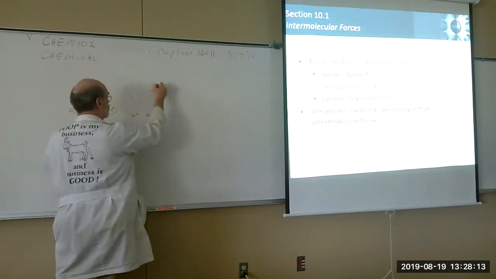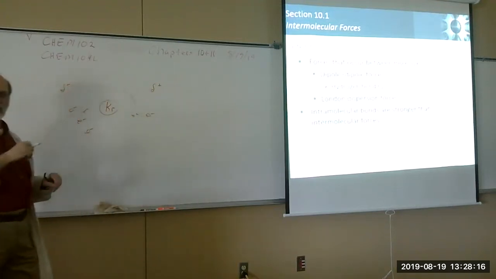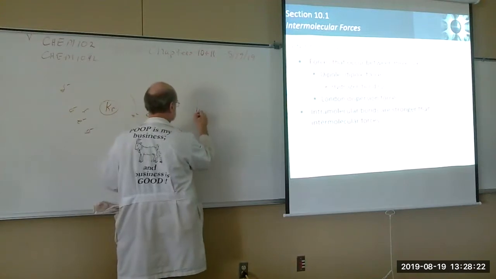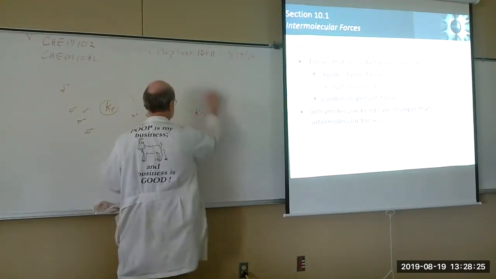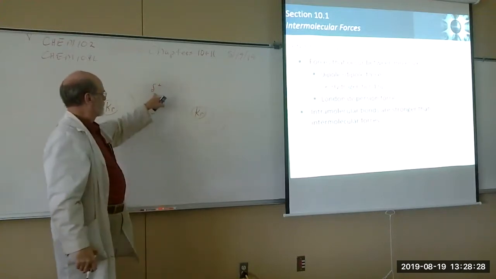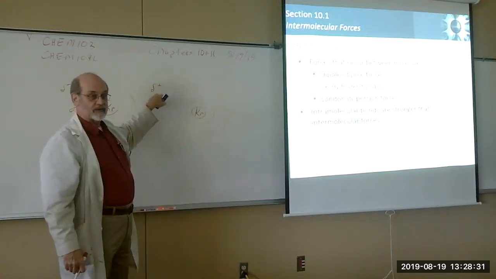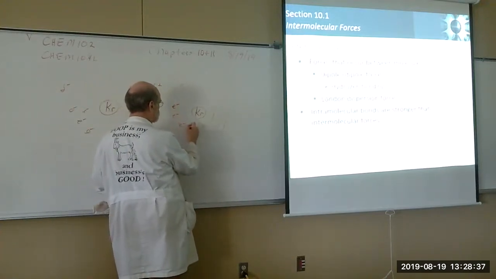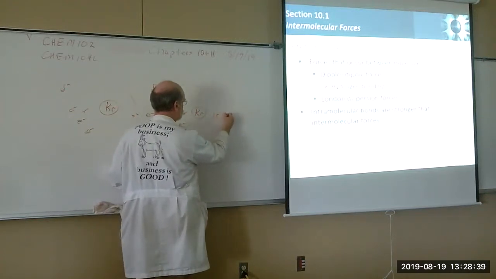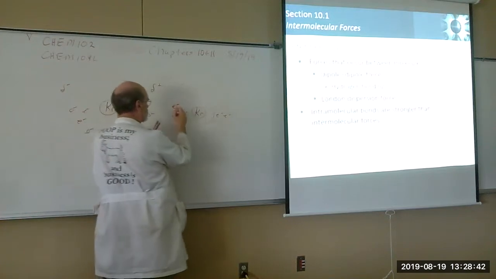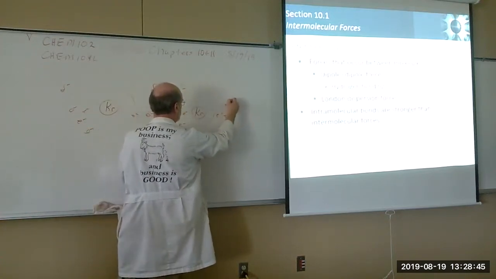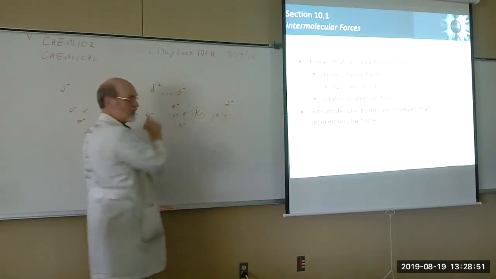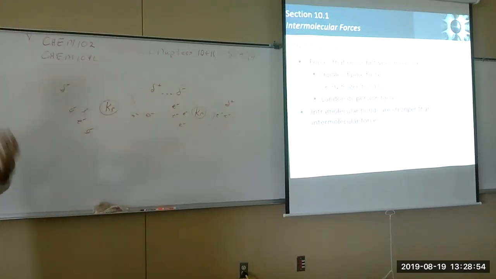So that gives you a slight positive here and a slight negative here. It only happens for an instant. But when it happens, any Krypton atoms that are close to it experience a pull on the electrons from this instantaneous positive charge. So you get a collection of electron density over here and just a few over here. Right? So that redistribution gives you a negative here and a positive there. Once you've got that, for that very instant, you get an attraction. That's a London dispersion force.